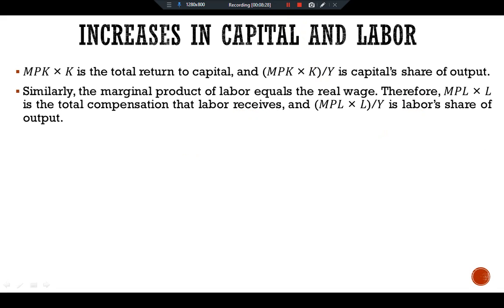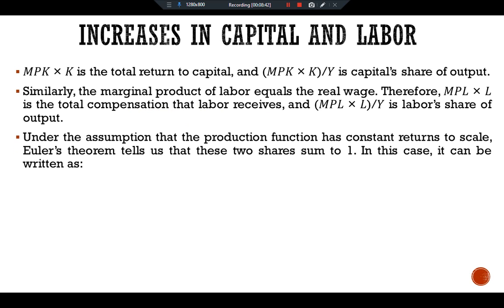Therefore, MPL cross L is the total compensation that labor receives, and MPL cross L over Y is labor's share of output. Under the assumption that the production function has constant returns to scale, Euler's theorem tells us that these two shares sum to 1.